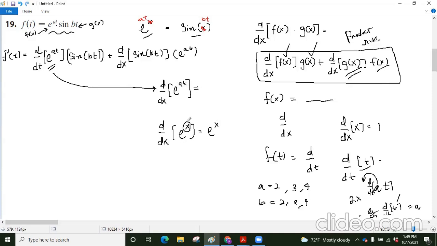The derivative of anything is e to that anything. So the derivative of at is e to at. But the problem here is that I have an inner function. It's not just x. If it were just x, I'd leave it at that. But it's at. That means I need to multiply by the derivative of that inner function.